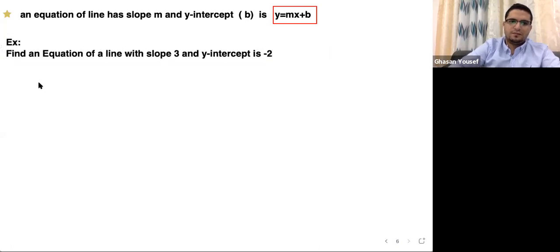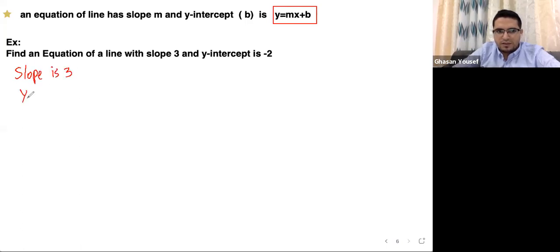Any idea how we can find the equation of the line that has slope 3 and y-intercept -2? Again, the slope is 3 and the y-intercept is -2. How can we solve it?